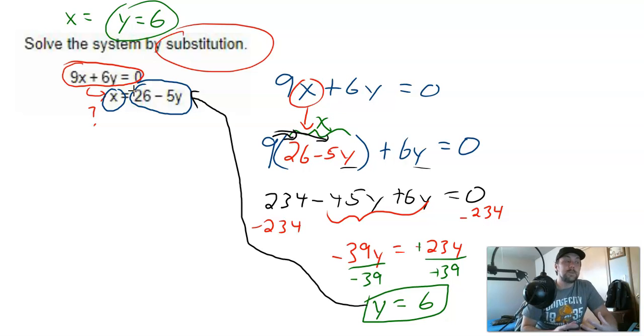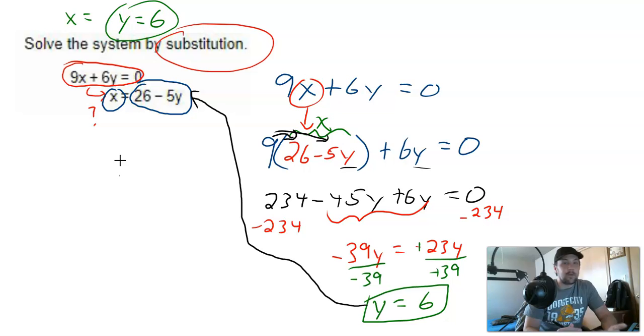It doesn't matter in terms of the answer you're going to get which one you use. So whether I use the top equation or the bottom equation, I'm going to get the same answer for x either way, if you have the right answer for y. So that would be a good way to double check: if you plug in 6 for y here and 6 for y here, and you get two different answers for x, this is not the right value for y. You should get the same answer from either equation.